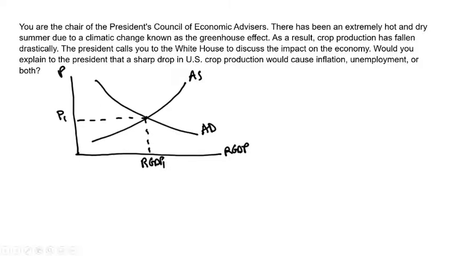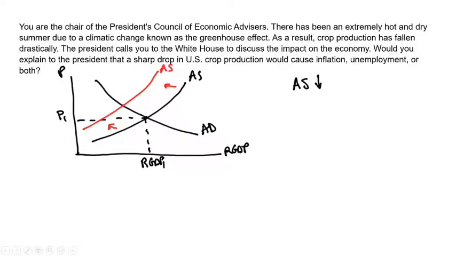And because of the hot and dry summer, now we have crop production decreased. This is all about supply. Aggregate supply falls. That is a leftward shift in aggregate supply. Let's show that here on our graph.